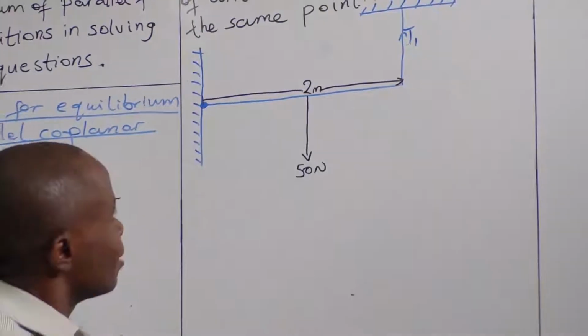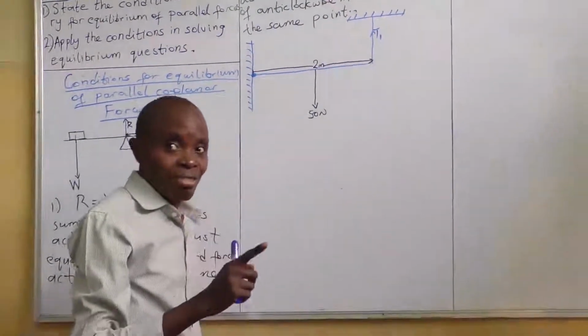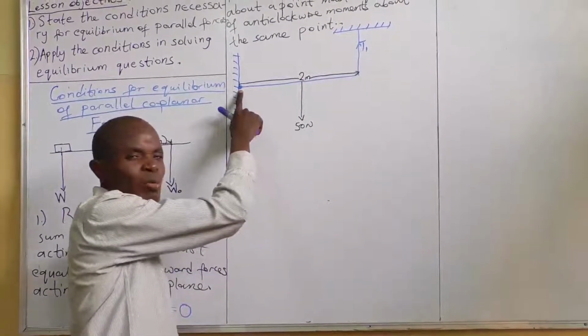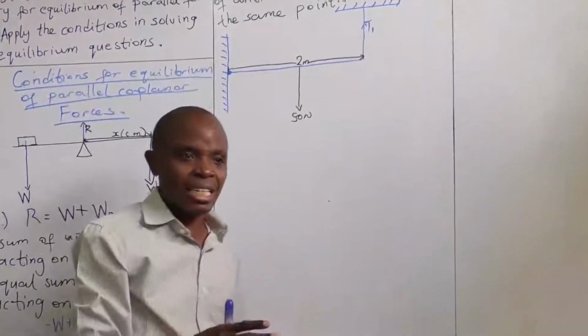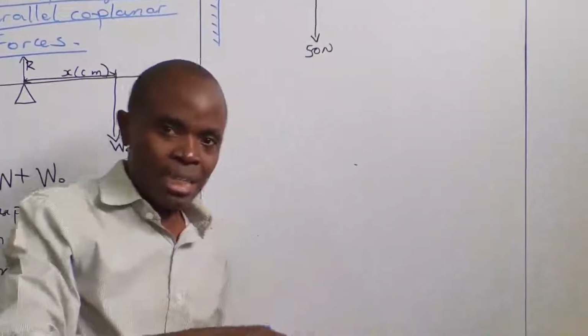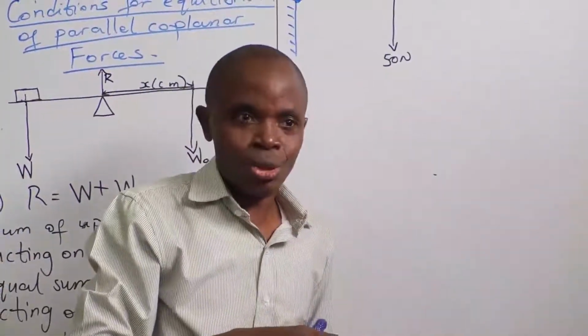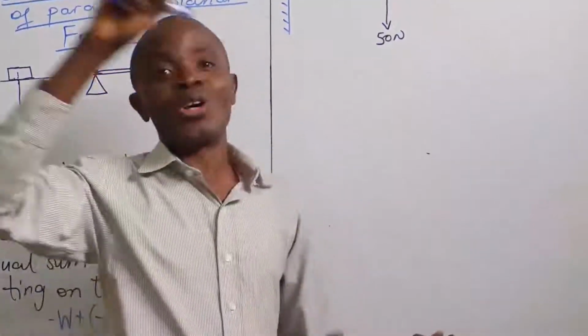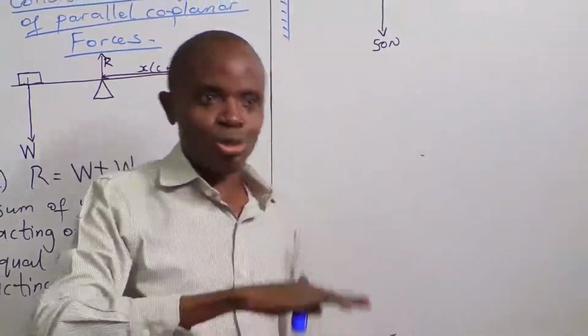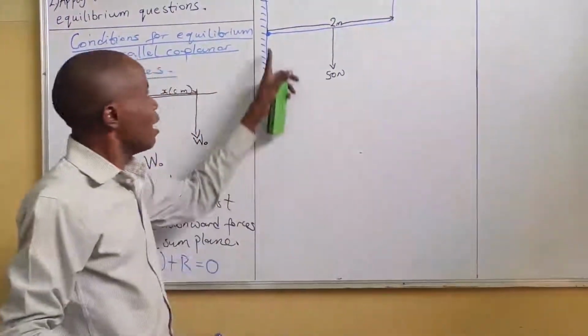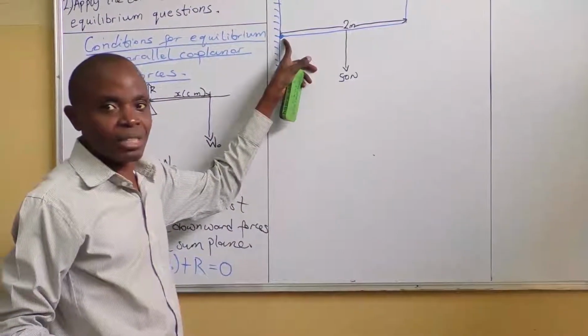So in this case, we have to first of all identify our turning point. What we mean by turning point is essentially the point that an object can turn around or rotate about. It may not necessarily go all the way around, but just be able to rotate, go up and down about that point. So here, we are taking this as our turning point.